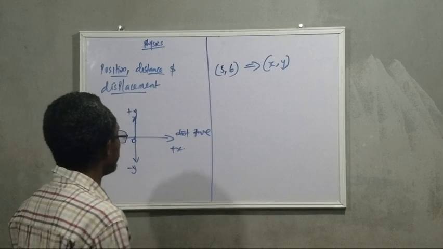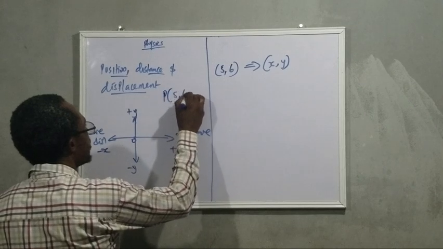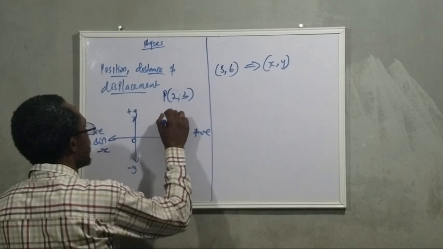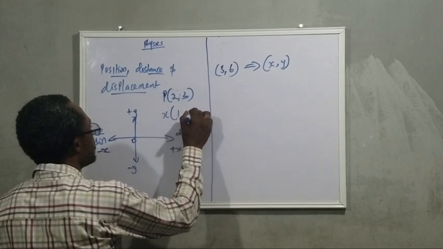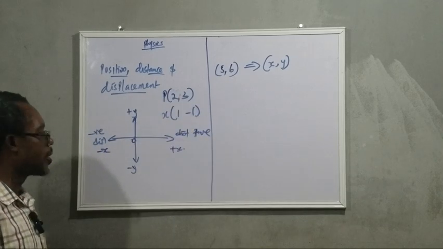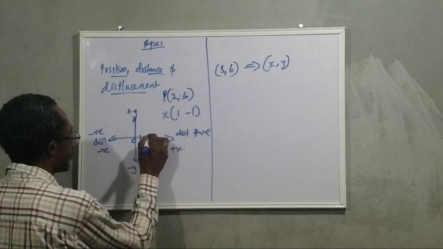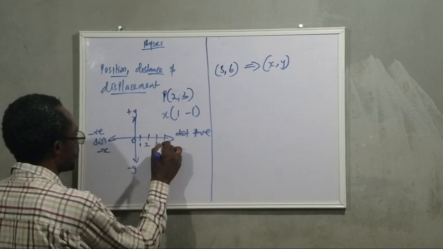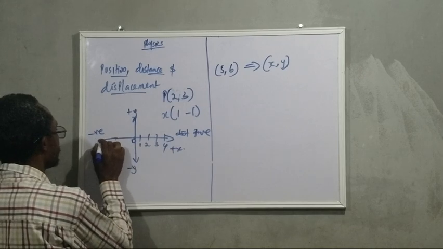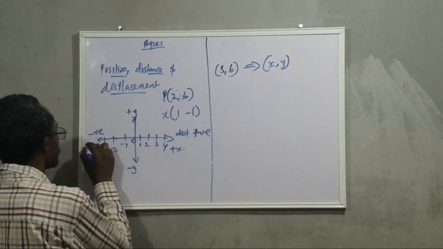Let's take, for example, a point P, which has the value 2 and 3, and then another point X, which has the value -1 and -1. These two points can be located on this plane if it is calibrated. Let's assume this is 1, this is 2, this is 3, this is 4, positive to the right, and then to the left we have the negative values of -1, -2, -3.